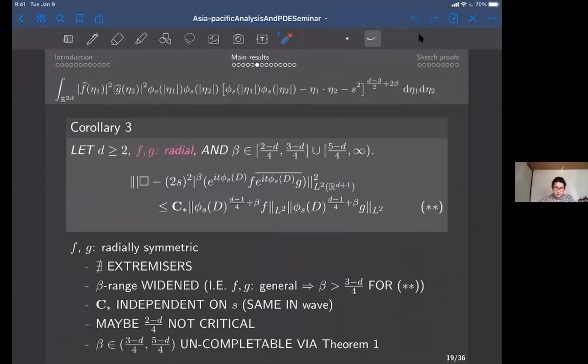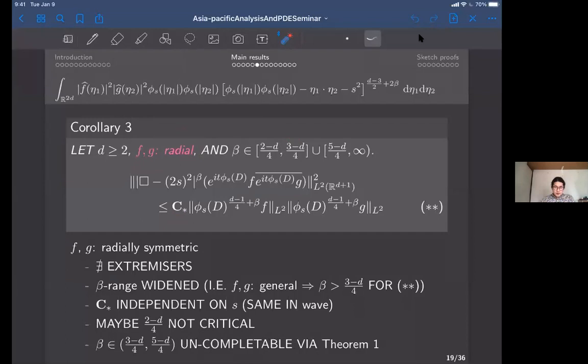And this assumption, f and g being radial, actually widens the range of beta. I mean, if you consider general f and g, then beta is necessarily greater than 3 minus d over 4. But because of this extra condition, you can go beyond that. And a similar thing happens in wave as well. And this C star is, of course, sharp.